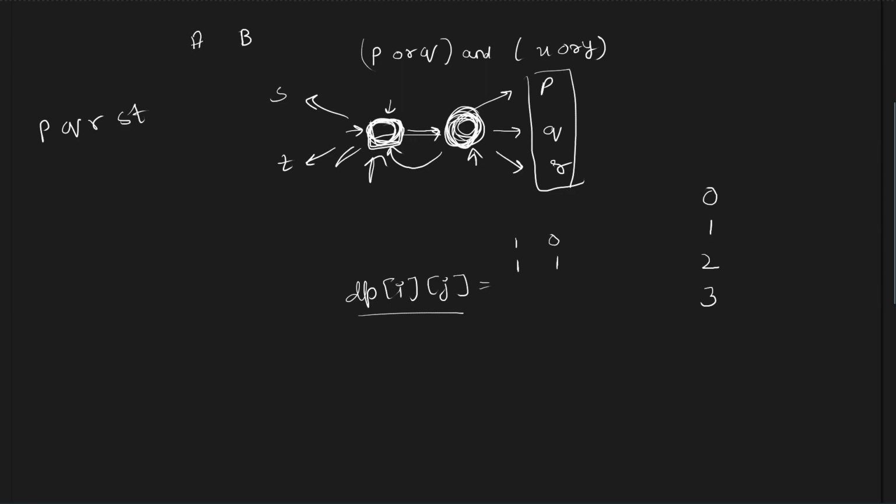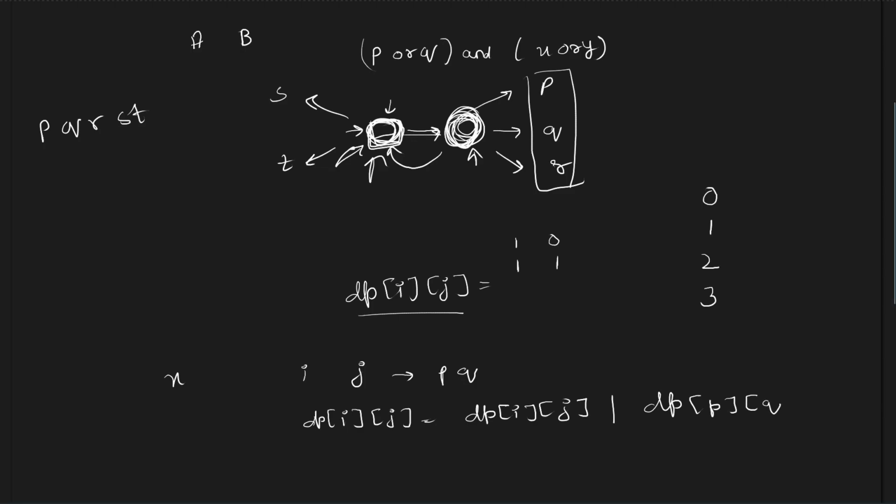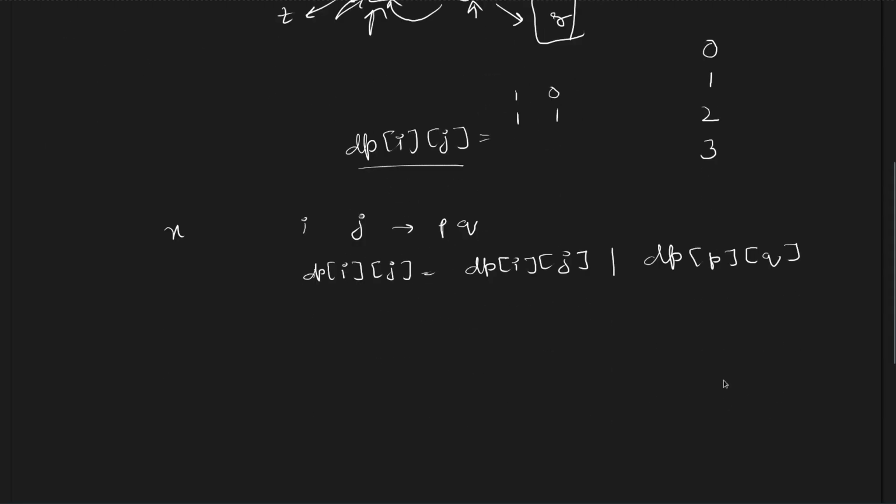So for any cell, for example, if from i comma j you can reach P comma Q, from this cell you can reach here, so DP of i, j will be equal to DP of i, j, or, and this is bitwise OR, DP of P, Q.